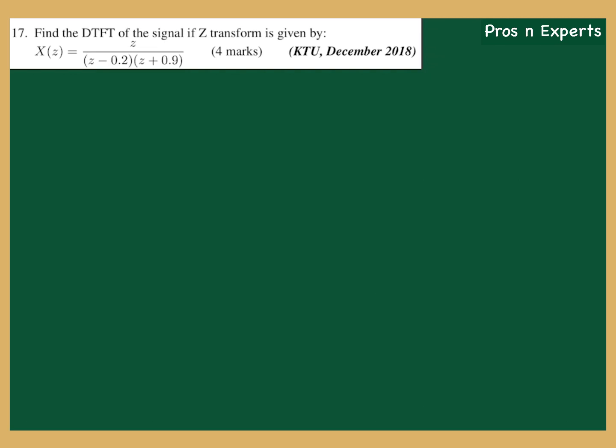I think it is part 22 of our lecture sequence, which says, and I can quote it again, DTFT is nothing but Z transform evaluated along the unit circle. This question is just a one-step solution question, and all you have to know is the theory and the concept.